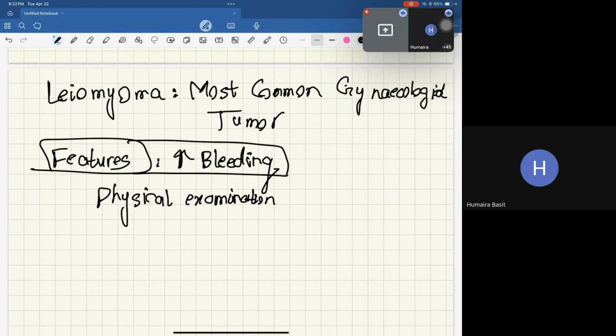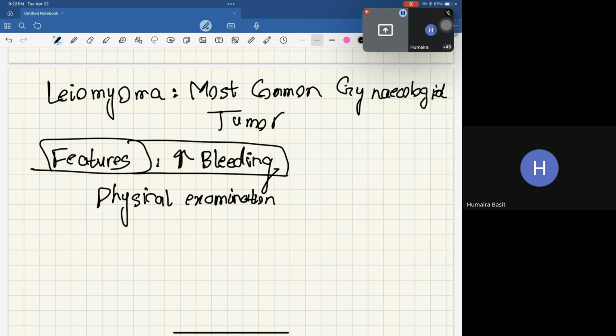So if globular enlargement of the uterus along with tenderness is present, it will be adenomyosis. But if the enlargement of the uterus is irregular, nodular, then it will be leiomyoma. And the histology will show a whorled pattern of smooth muscle bundles.